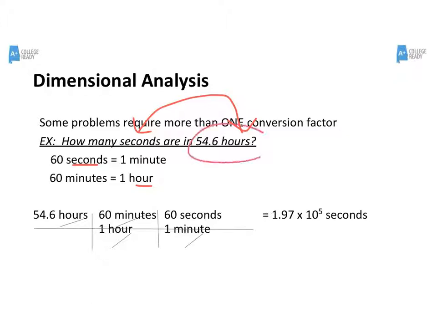I'm going to start with the given. Here it is. Then I'm going to use my conversion factors that I've already written down. Whatever unit is here must go here. I'm going to go to my conversion factor. Here it is. And I'm going to pull it down to the bottom. I'm going to put what it's equal to on top. These units cancel. Now I've gone to minutes. Whatever unit is here goes here.